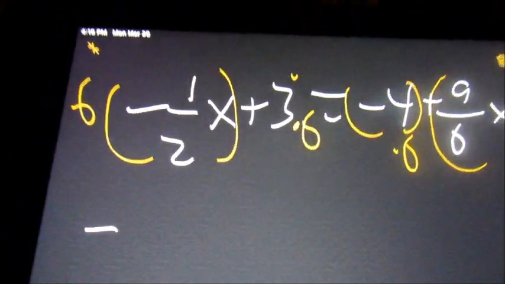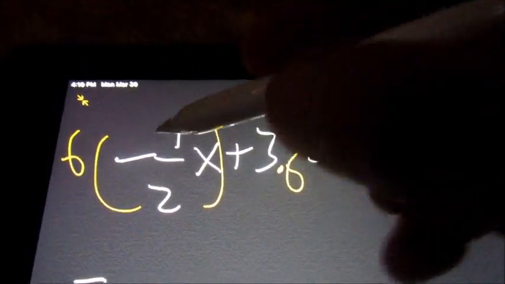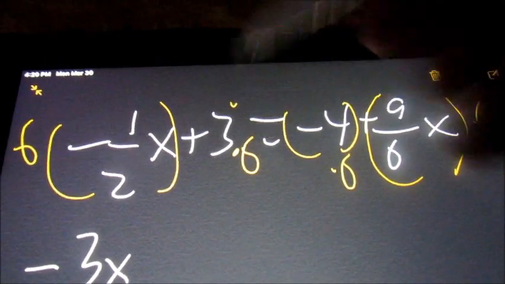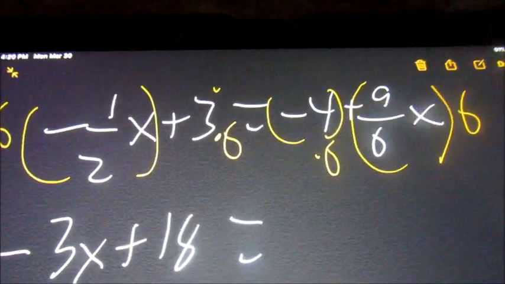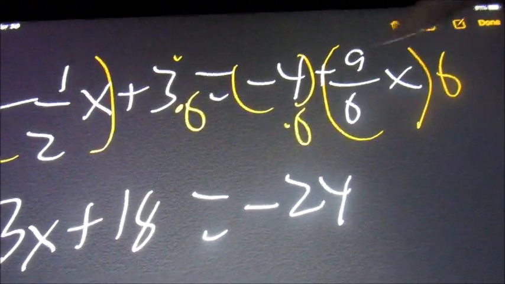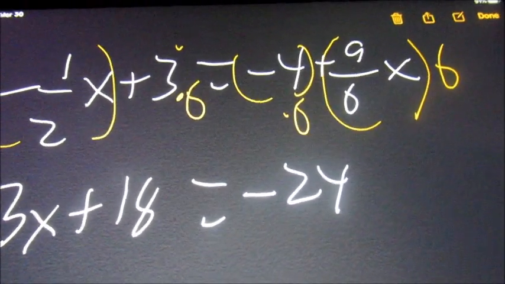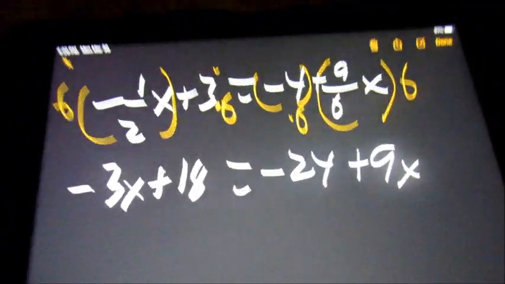We're going to have a negative here. 6 divided by 2 is 3 times 1 is just 3x. Then we have a 3 times 6, so plus 18 equals negative 4 times 6 is negative 24. We have a 6 divided by 6, which is 1 times a 9x, so plus 9x.